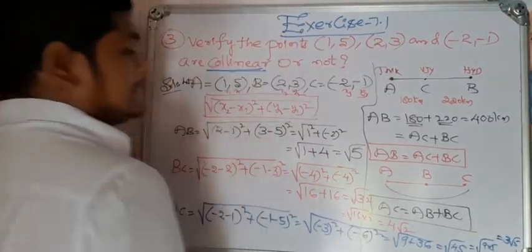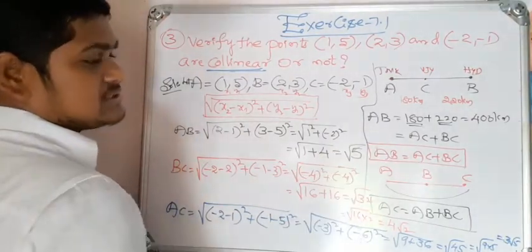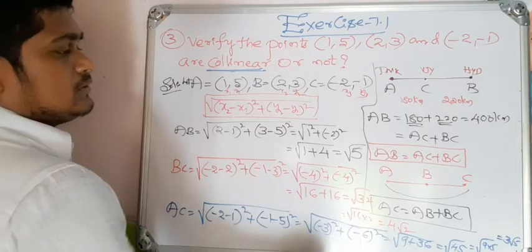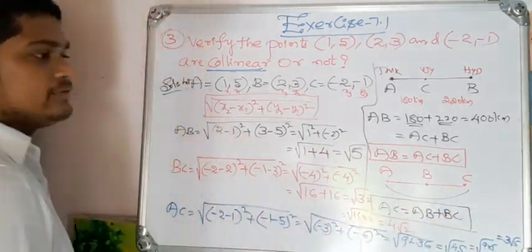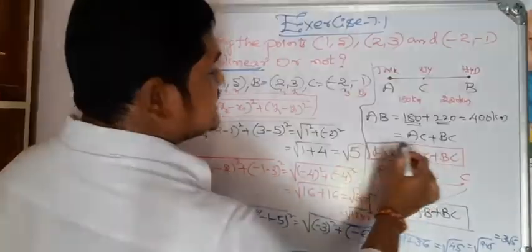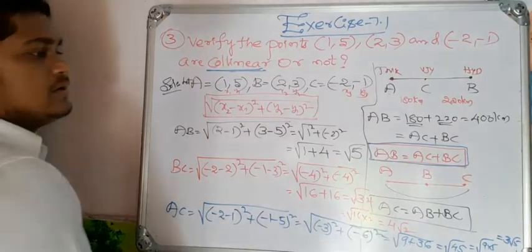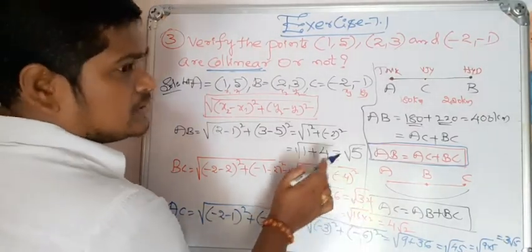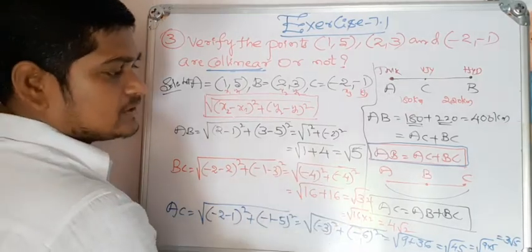But observe here, if we add any two distances, for suppose we add root 5 plus 4 root 2, we cannot get 3 root 5. That means we have to satisfy this condition, AB is equal to AC plus BC. But there is no chance of getting any two distances that add up to the third distance.